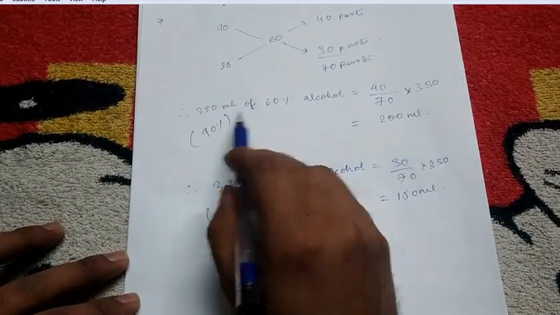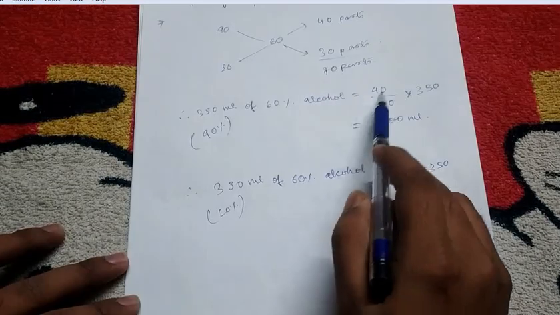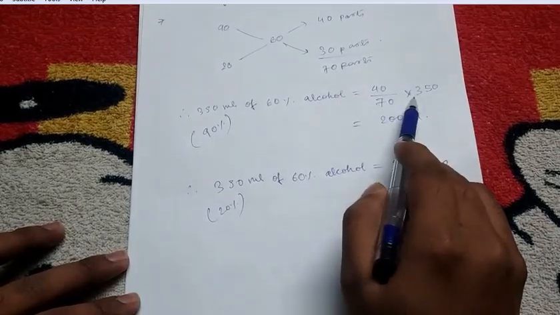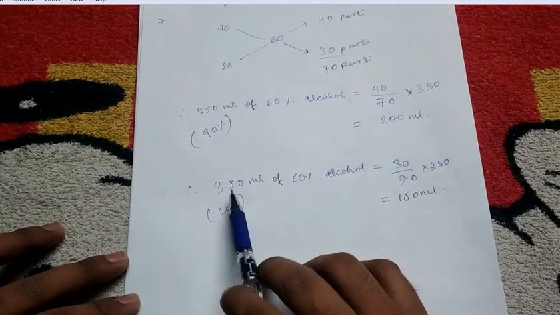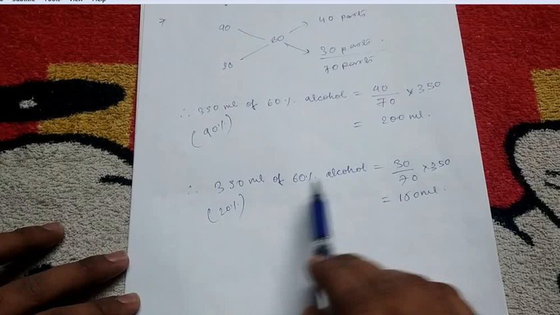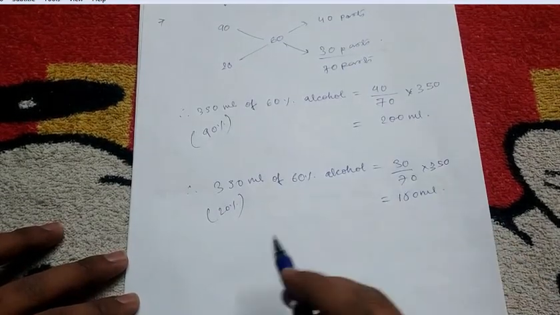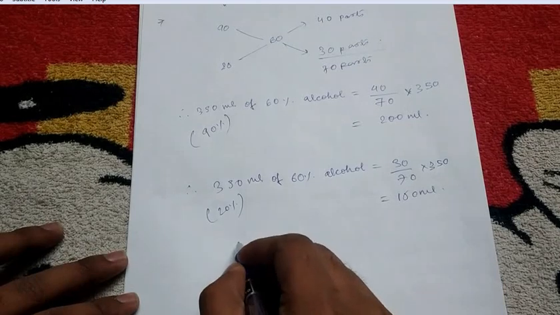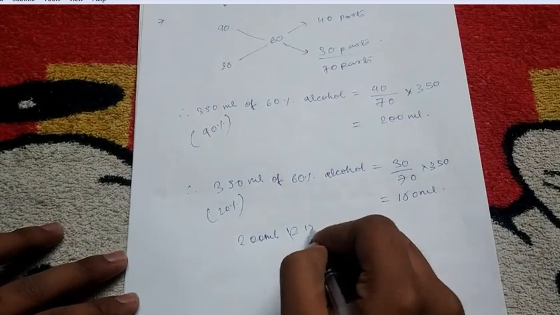So for 90% it was given that 40 parts is required, so 40 by total parts into 350, that is the final volume which we have to achieve. And in case of 20% also 30 parts were required, so 30 by 70 into 350 to get 150 ml. So the answer would be 200 ml and 150 ml.